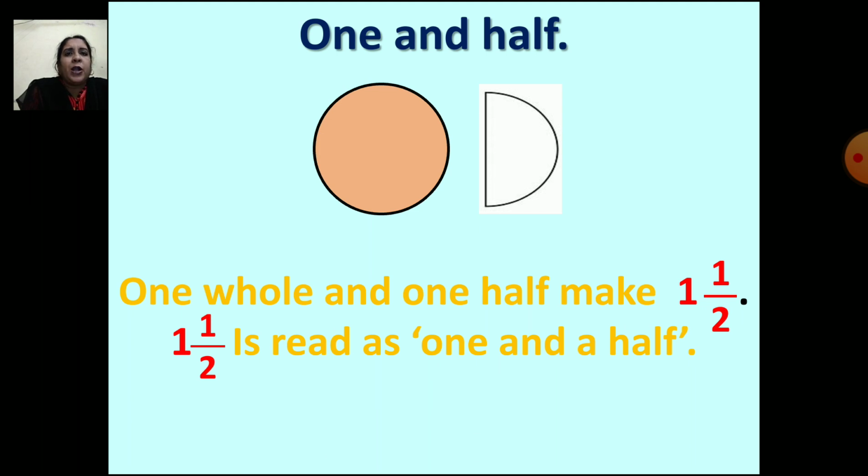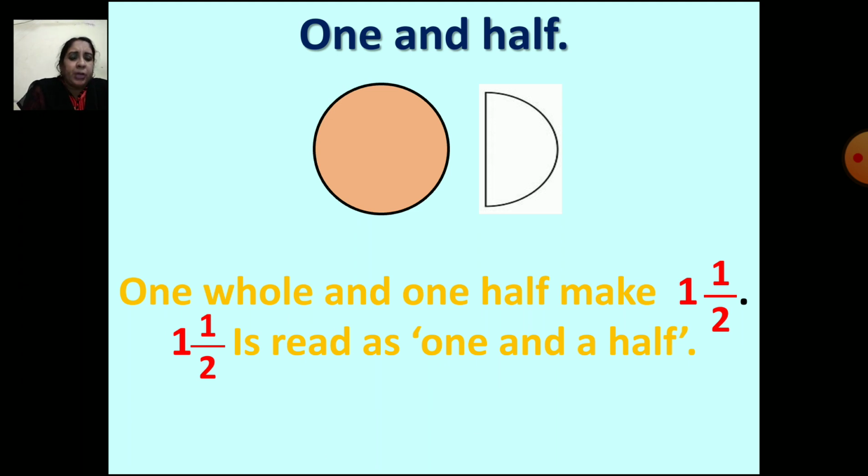Like for a quarter, we say 1 and a quarter. So for 1 and 1 upon 2 we say 1 and a half. It is also an example of a mixed fraction. Okay children. In the same way you can write 2 and a half, 3 and a half, 4 and a half. You can draw 2 circles and a half, 3 circles and a half, 4 circles and a half, and you can make mixed fractions.